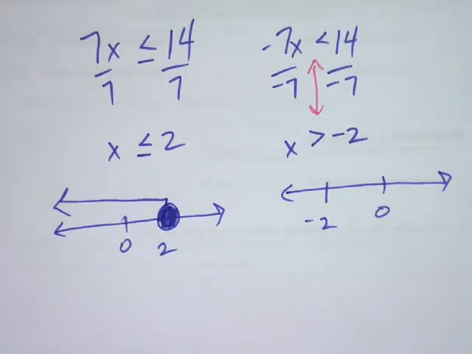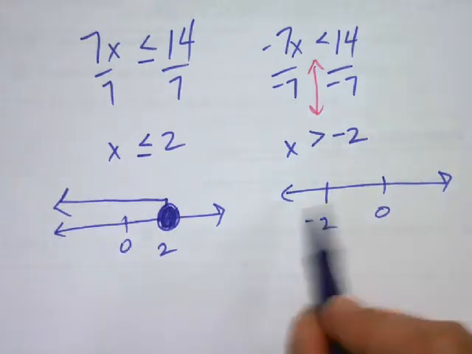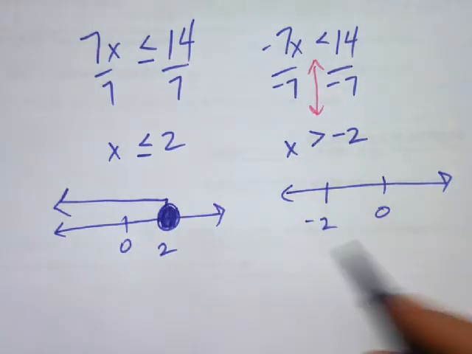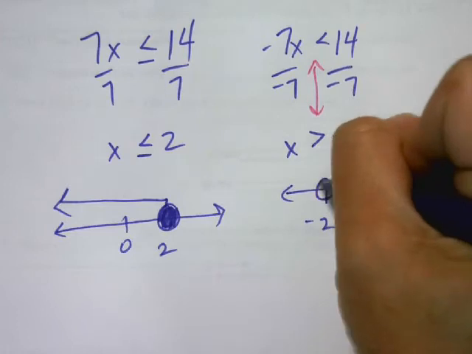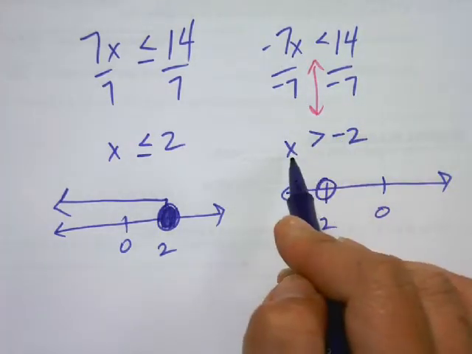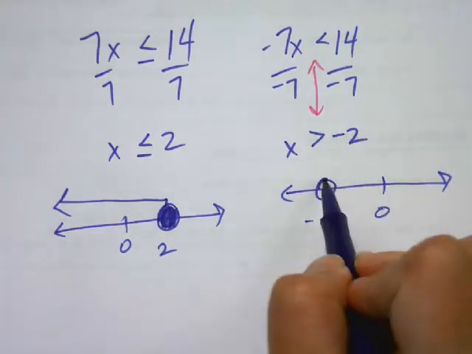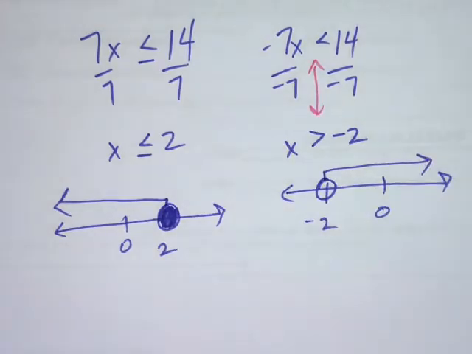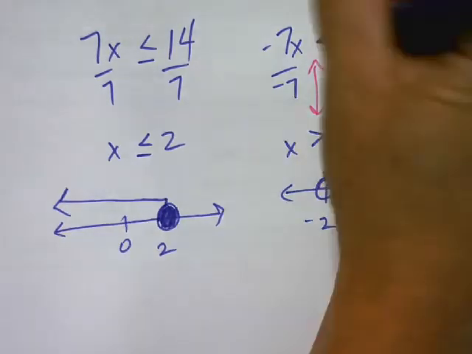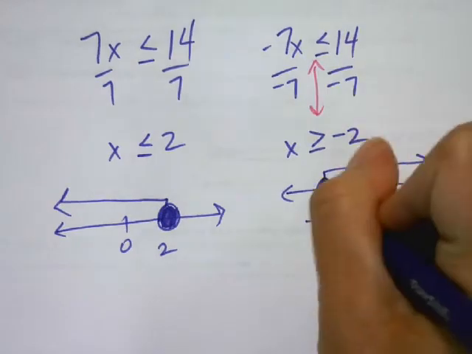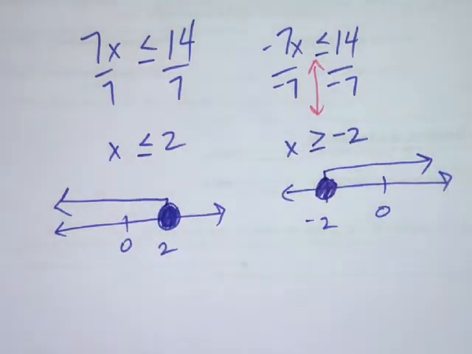If it has 0 on it and your number, I'm happy; you don't have to put everything in between. So this guy would be an open dot, and I want things that are bigger than -2. So he would go to the right. And then if it had the equal to with it, then we would shade it in. Does that look familiar? Everybody good with that? Any other questions on stuff that I just skipped?